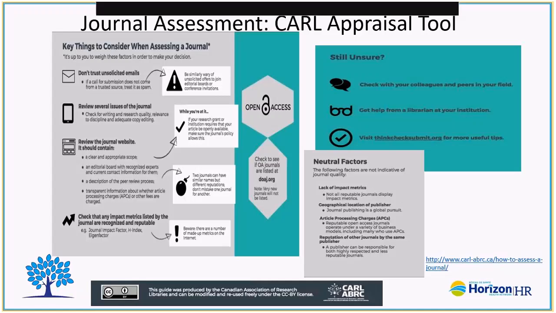And representation of other journals by the same publisher. So publishers can very easily end up with a full spectrum of journals. They may have a gold standard journal for your field on one end, and then something that is at the very best questionable, but more likely quite nefarious.